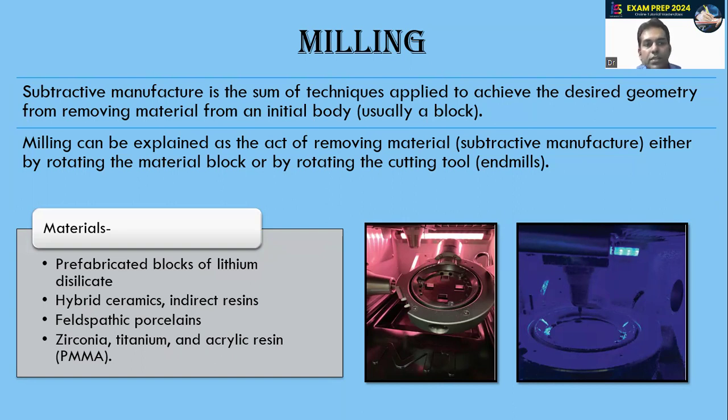The materials used are basically prefabricated blocks of lithium disilicate, hybrid ceramics, and indirect resin. They are also used for this milling purpose: feldspathic porcelains, and apart from that, zirconia, titanium, and acrylic resins. Acrylic resins are basically used for fabrication of complete dentures and partial dentures.